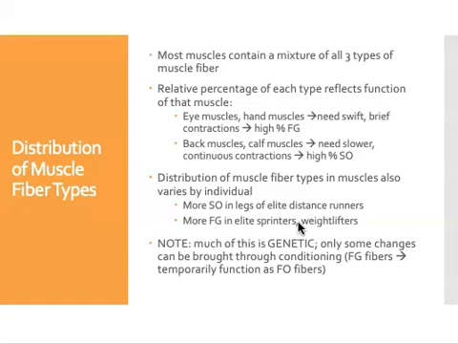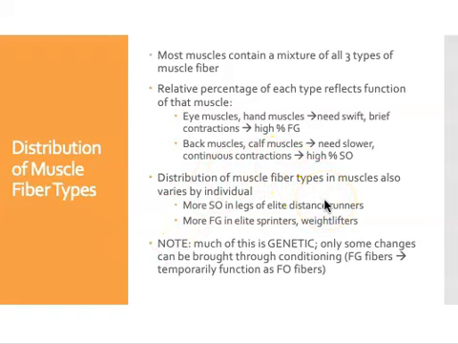Now, something else to note, and I think this is very interesting, is that there's a lot of genetics involved in what proportion, what percentage of each type of muscle fiber a person has. And because of the genetic contribution, in other words, because of the fact that you inherit the percentages of each type of muscle fiber, that means that some people simply cannot become elite distance runners.